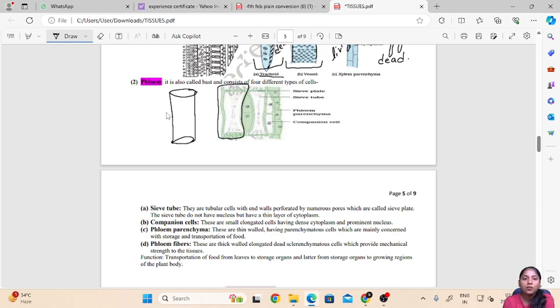The end walls of these cells are usually perforated so that the movement of substances can take place, and this perforated part of the sieve tube is called the sieve plate.